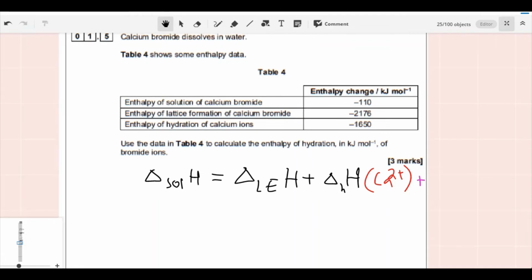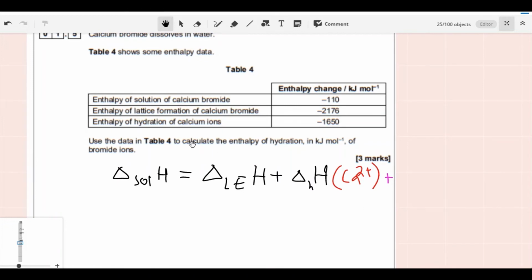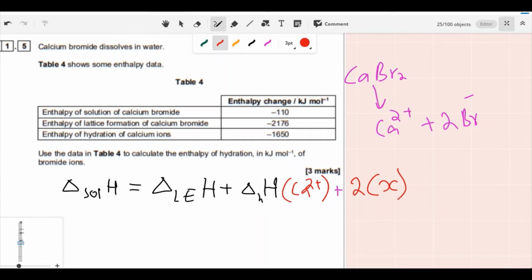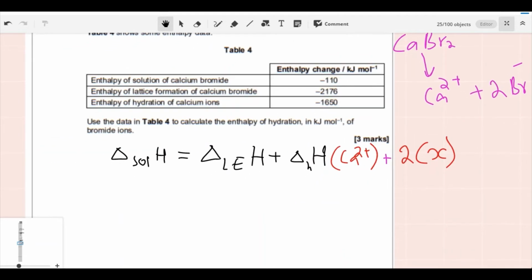Okay, now the next one: you need to add the hydration of the bromide ion. But you know that when calcium bromide, CaBr2, dissolves in the water, it will produce Ca 2+ and 2 bromide ions. So here we need to add 2x because we need to find the bromide ion, which is not given in the table.